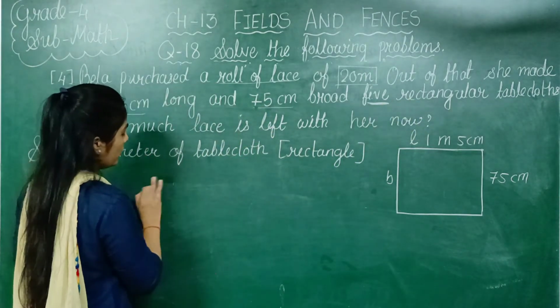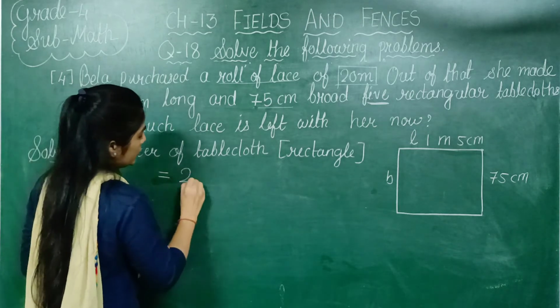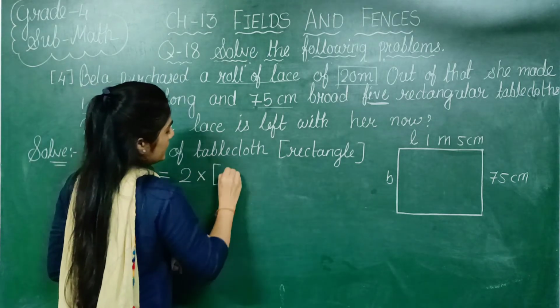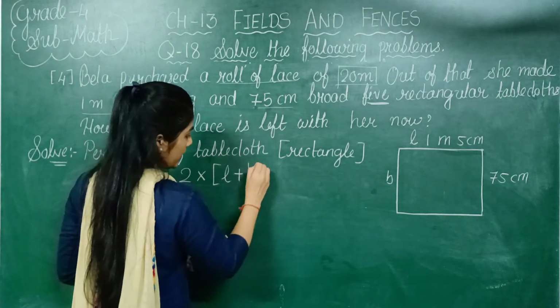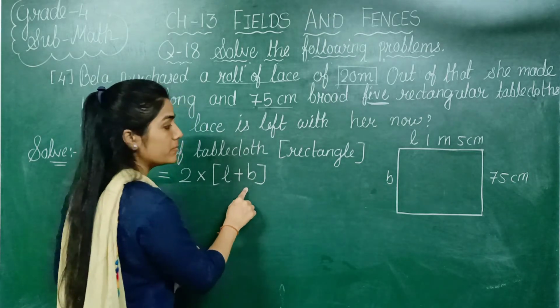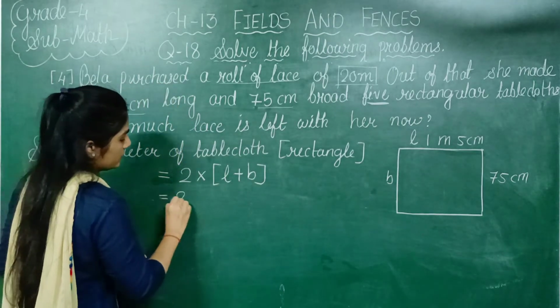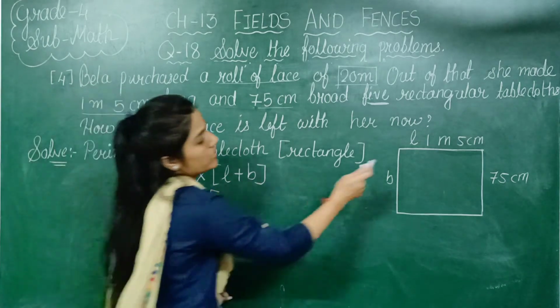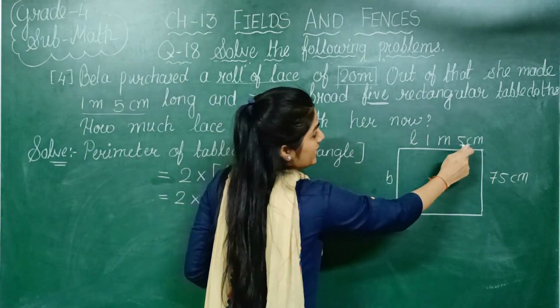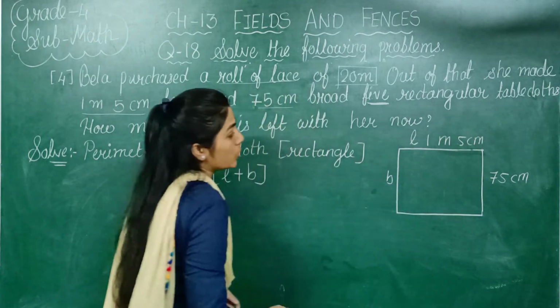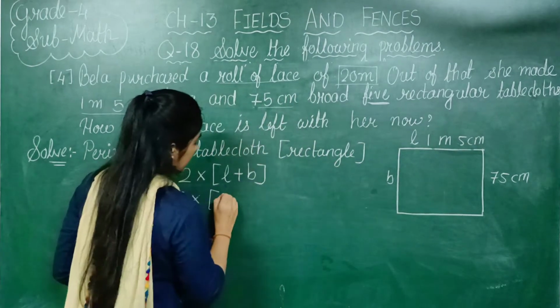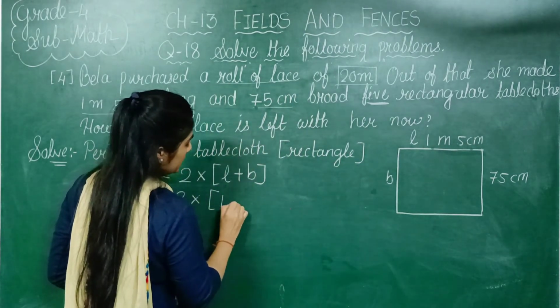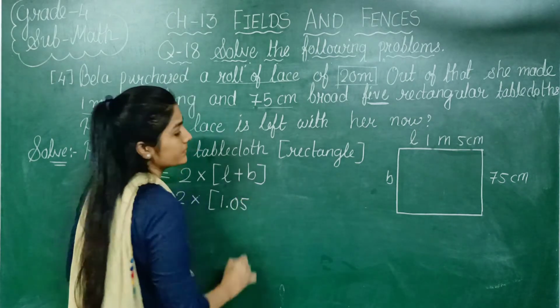So the formula is 2 multiplied by L plus B, length plus breadth. 2 we are writing the same. Length we have 1 meter and 5 centimeter, so we have to write it like this, 1.05.